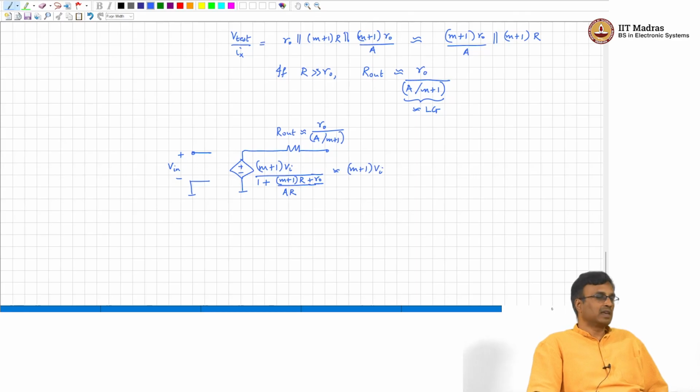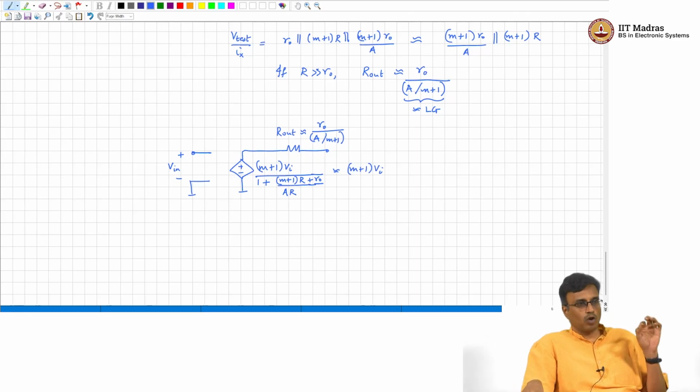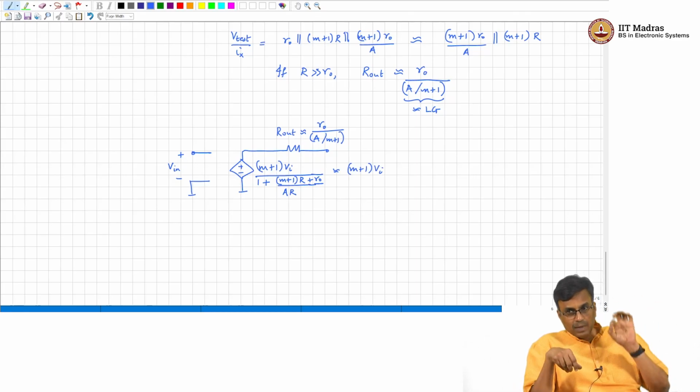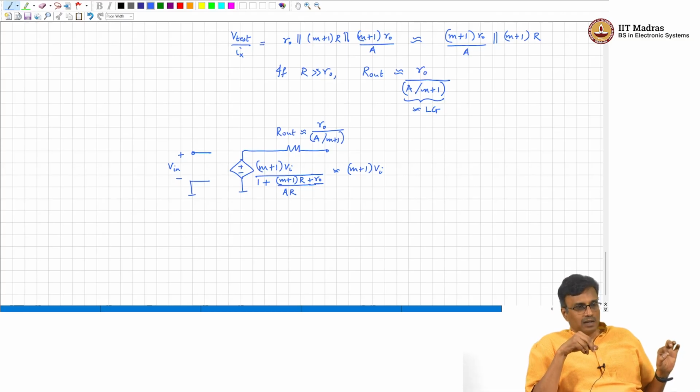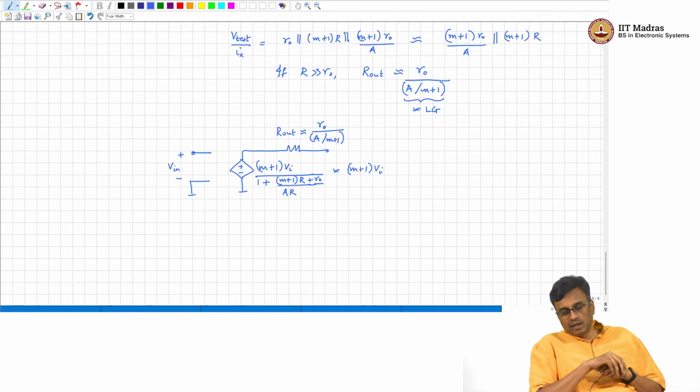The output resistance. The key point is that the output resistance of the closed loop amplifier is the output resistance of the open loop amplifier divided by the loop gain, right.